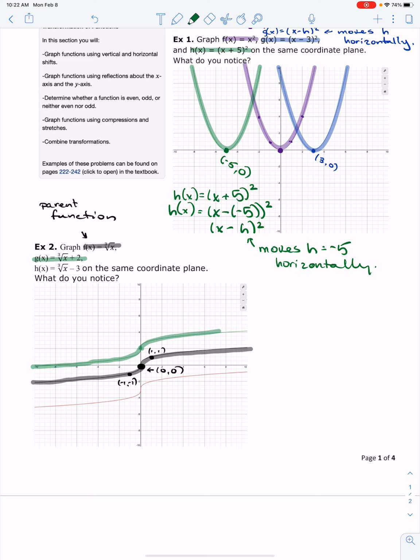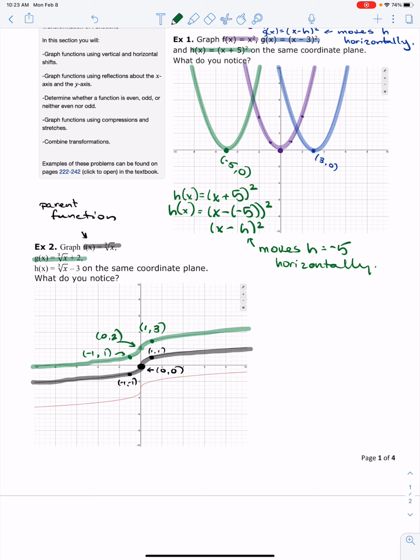So if you think about it, we're adding 2 to the y each time. So when I plug in x equals 0, my y has moved up 2. When I plug in x equals 1, that y has moved up 2. And when I plug x equals negative 1, my y has moved up 2.